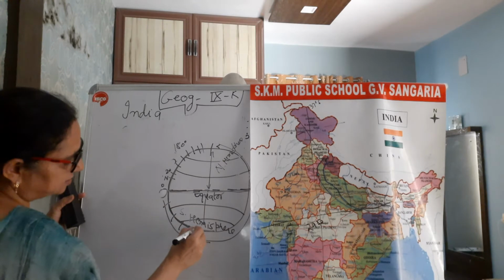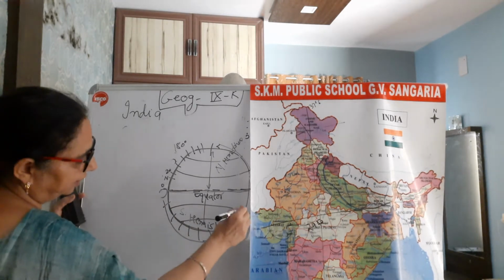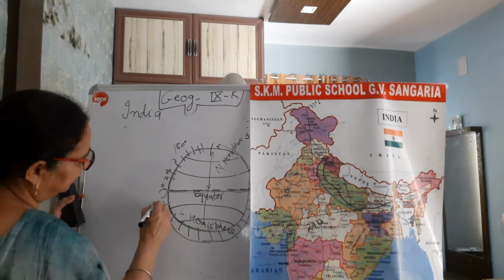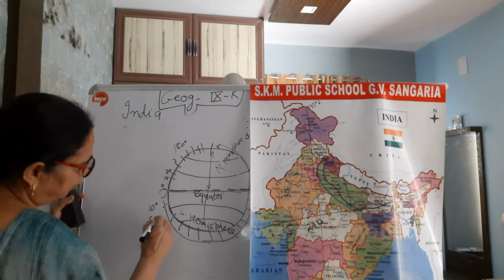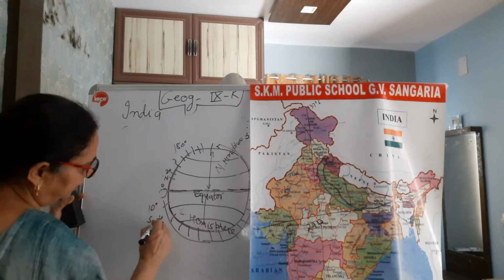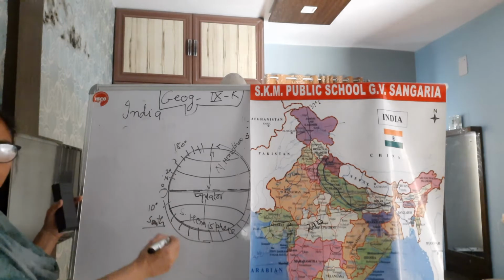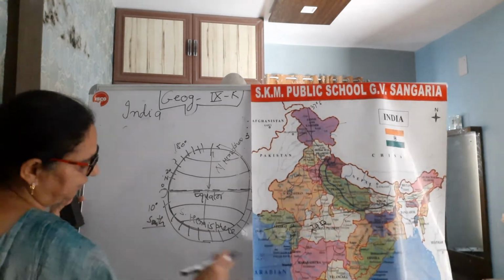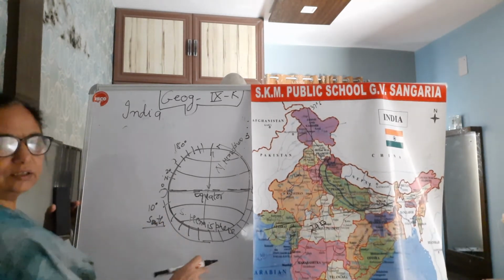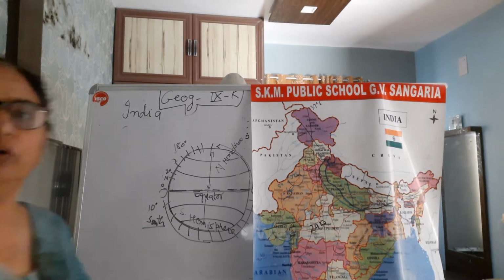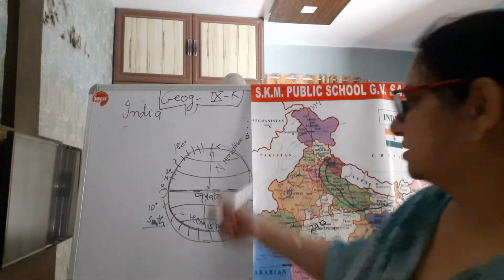And it is southern, so we will write here 10 degree south, 20 degree south, and so on up to 90. Such types of degrees are there.